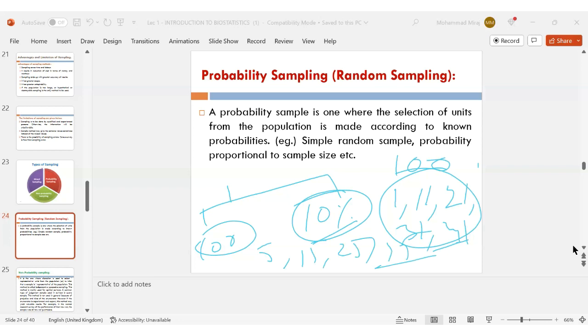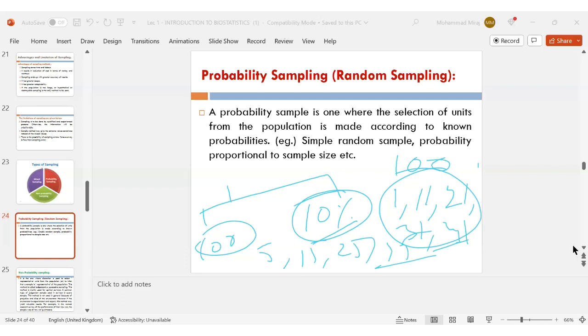So I can make it into different types of probabilities. Or I can randomly choose 10 doctors from the population, saying first, 7th, 31st, 42nd, 55th, 72nd, 88th. So randomly I can choose anyone.